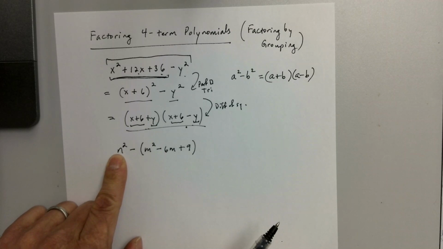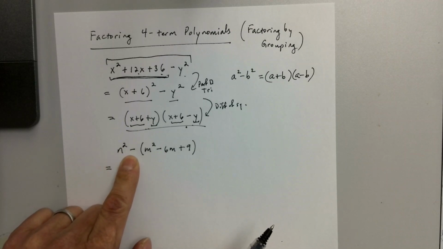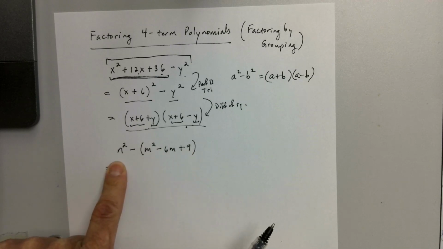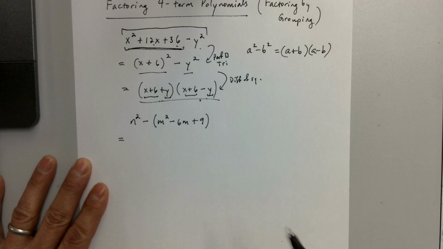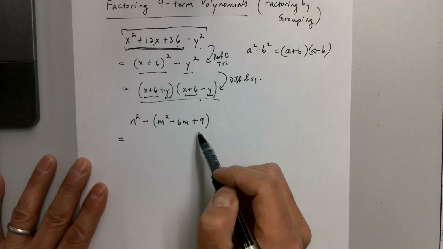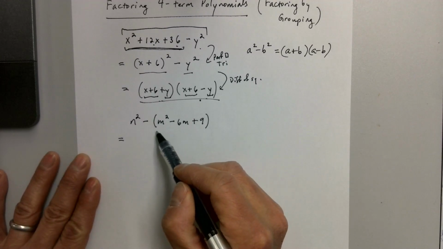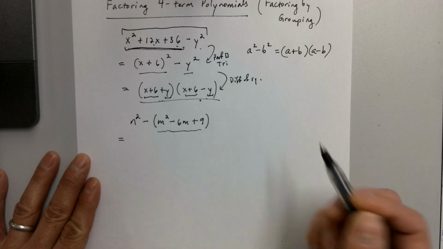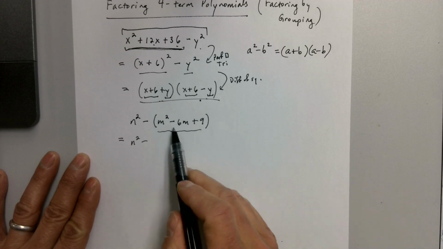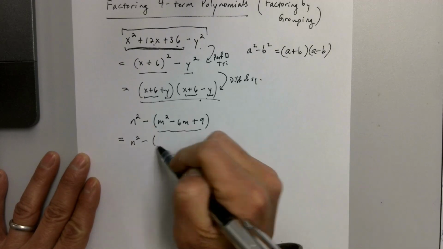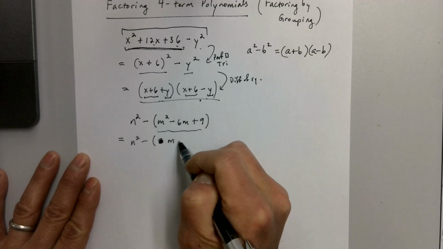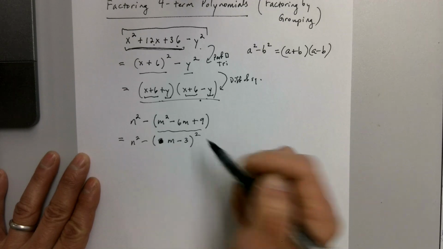Here I have something squared, then I have a minus, and then I have this entire trinomial subtracted from n squared. Now, it's convenient that I put parentheses around the m squared minus 6m plus 9. That probably tells you that this trinomial does follow a pattern. It's the a squared minus 2ab plus b squared pattern, and that factors, oops, I can't use a, I have to use m minus 3 squared.